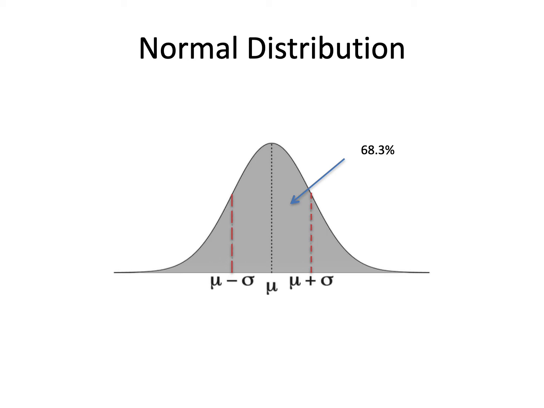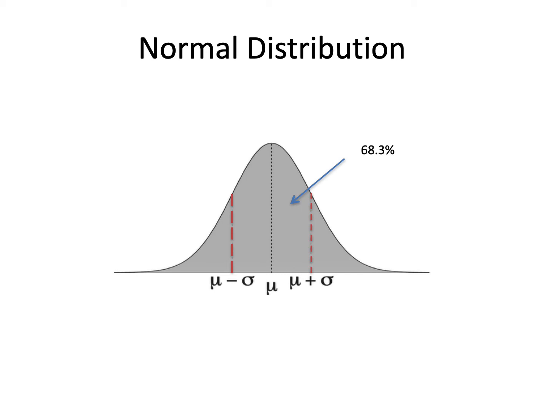We can see the points one standard deviation below the mean and one standard deviation above the mean, indicated by the dotted lines. The area between one standard deviation below and above is approximately 0.68, so 68.3% of the total area is covered.